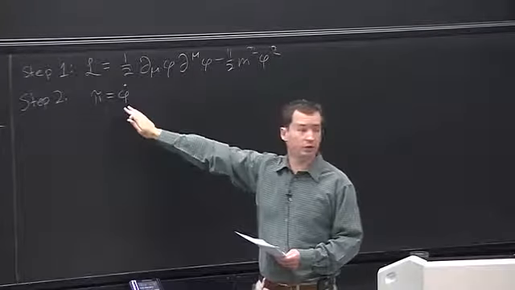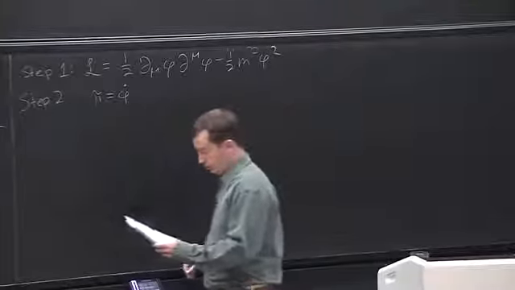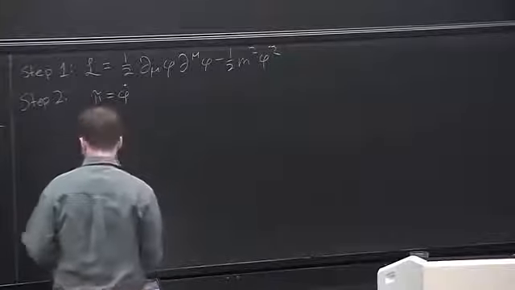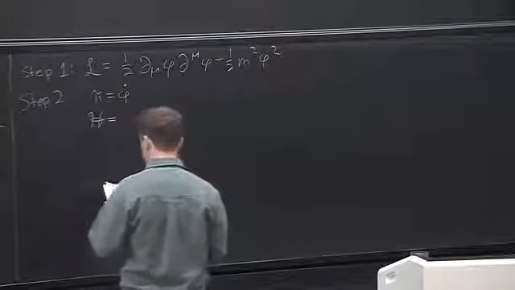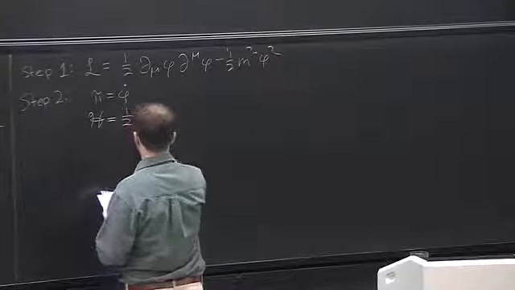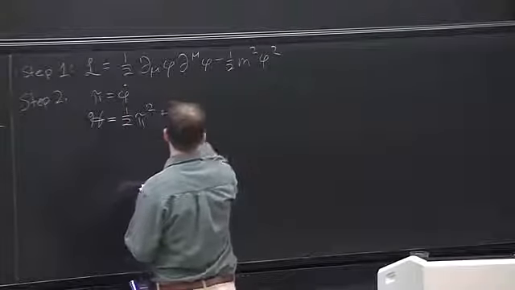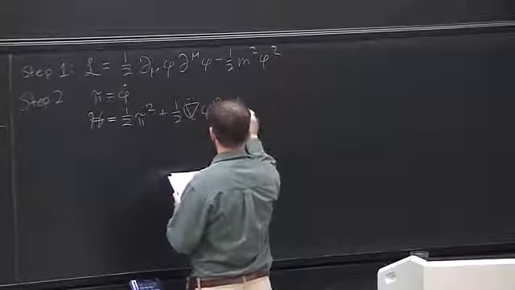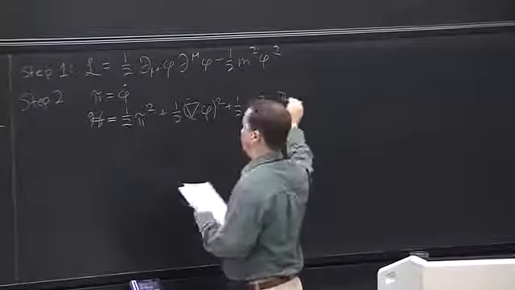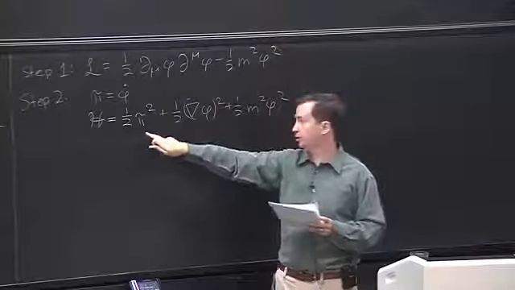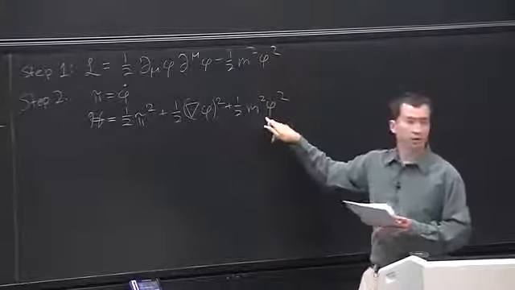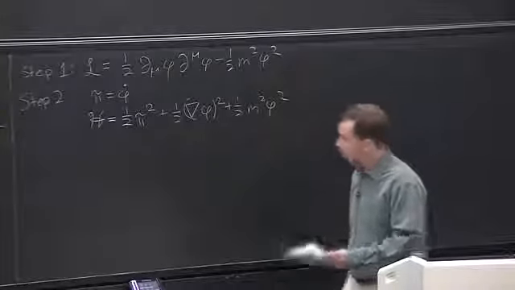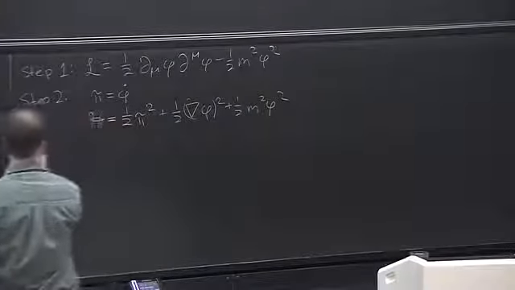If we had multiple fields, we'd have to compute the conjugate momentum for each of them. And also a quantity that will be of interest is the Hamiltonian. We computed that last time as well. It's basically what you'd expect. We have here the kinetic energy term, the gradient energy, and the mass term as potential energy. Okay, so those are the two steps we did last time.